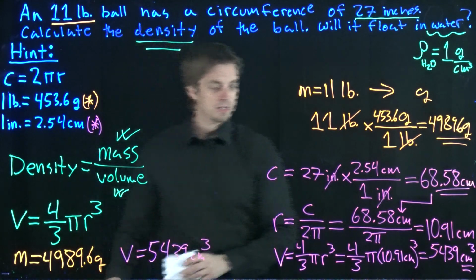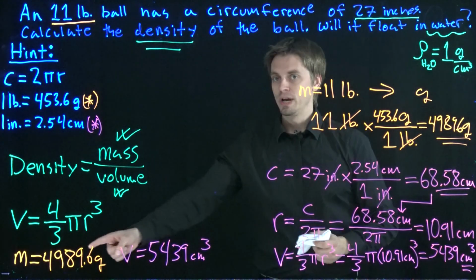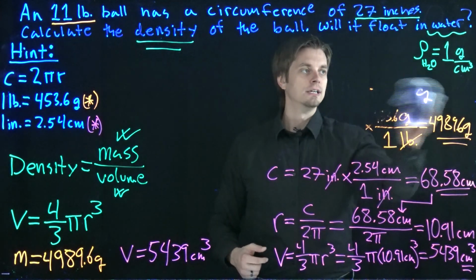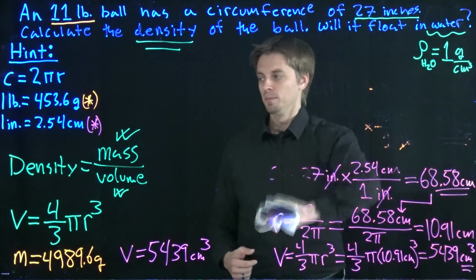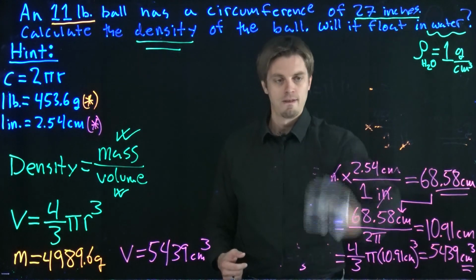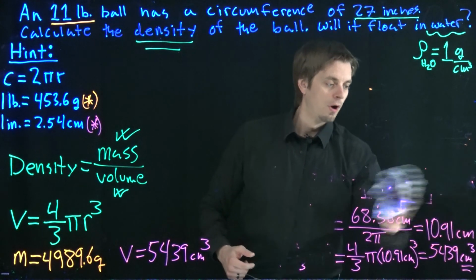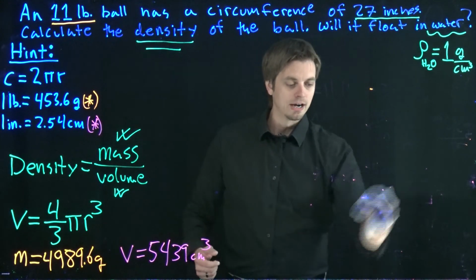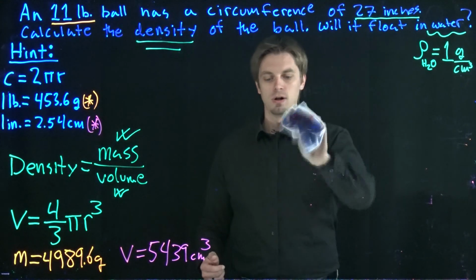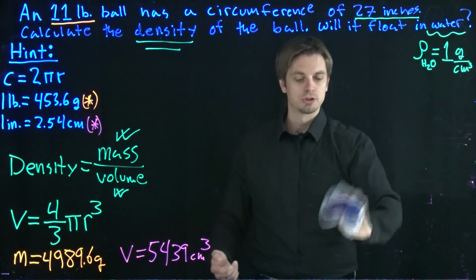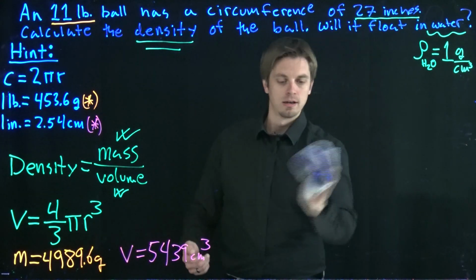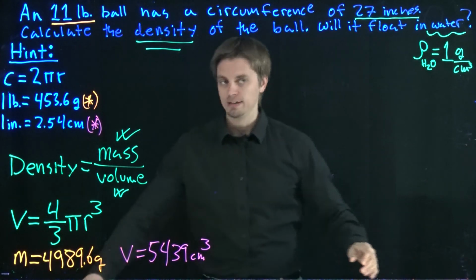So our last step, now that we have a mass and a volume, is to plug into our original expression for the density to determine the density of our ball. Because we're in units of grams and centimeters cubed, as you can see, we're going to be able to, as planned, directly compare with our density of water.